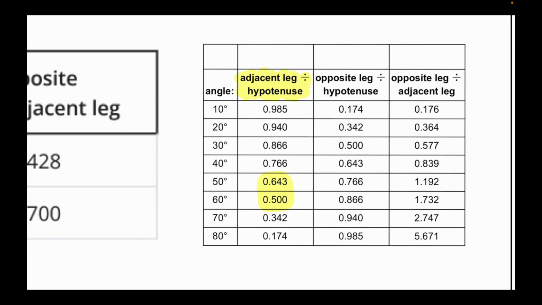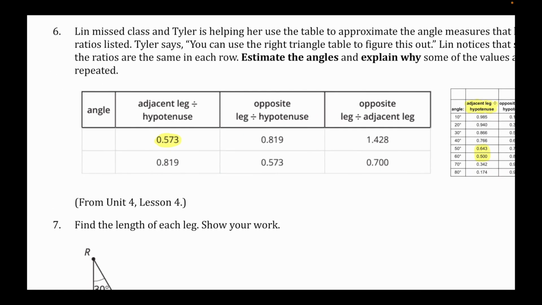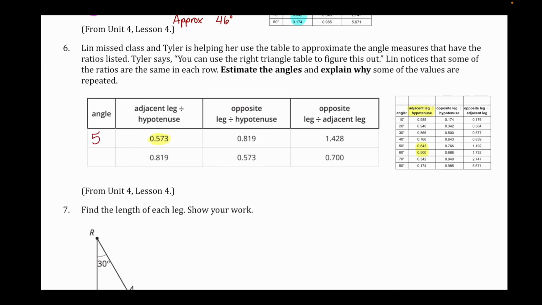So this is right about halfway. So I'm going to say that this is probably like 55 degrees. Which means this one down here should be 90 minus 55, and that would be 35 degrees.